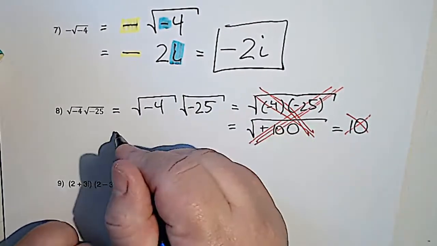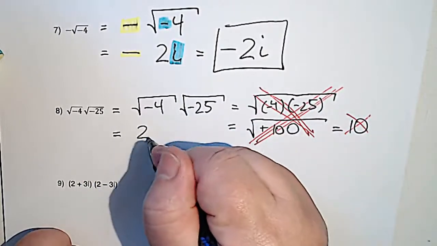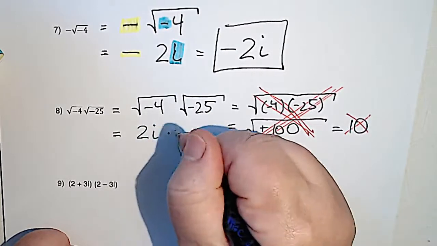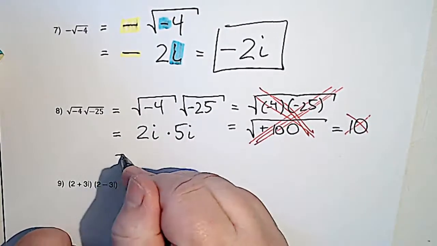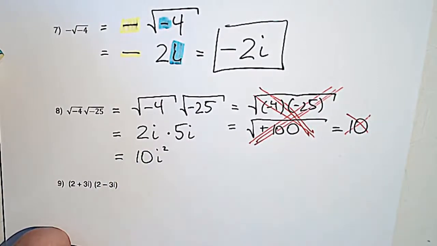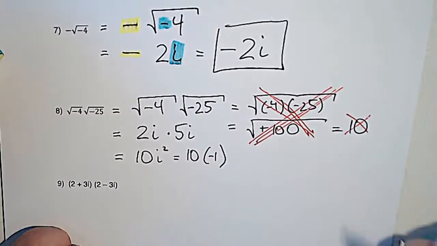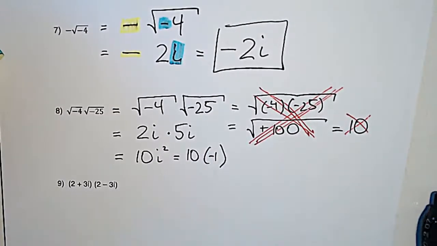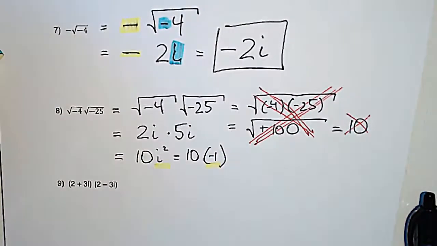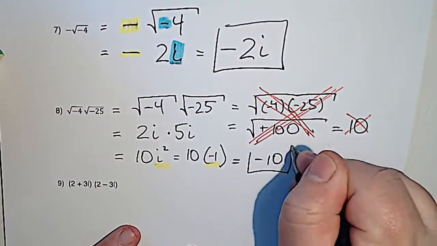So what the heck does that mean? Well, let me try this. Radical negative 4 is 2i. Radical negative 25 is 5i. 2i times 5i is 10i squared, which is 10 times negative 1, right? i squared is negative 1. 10 times negative 1 is negative 10.